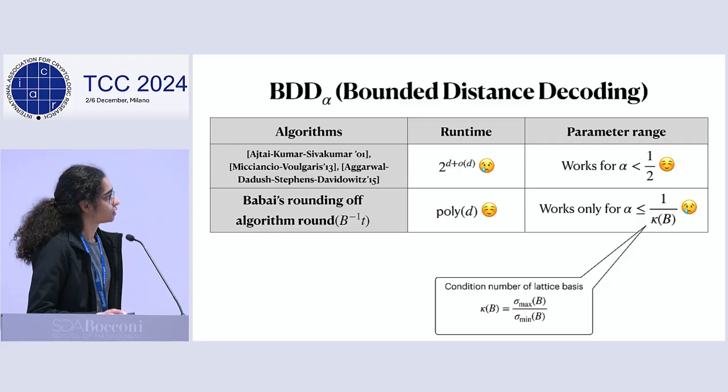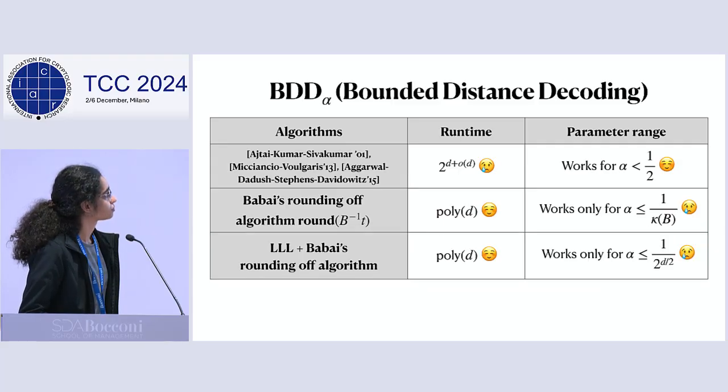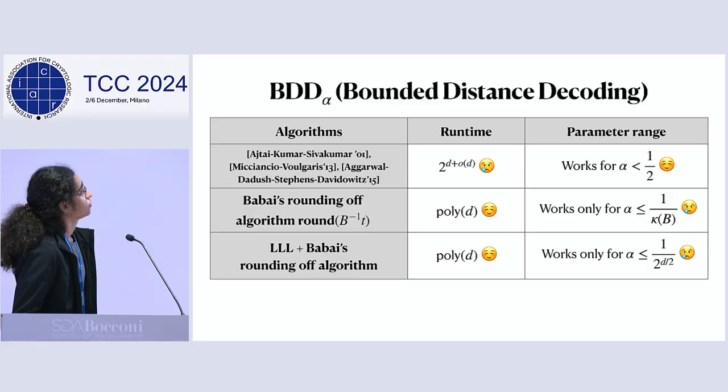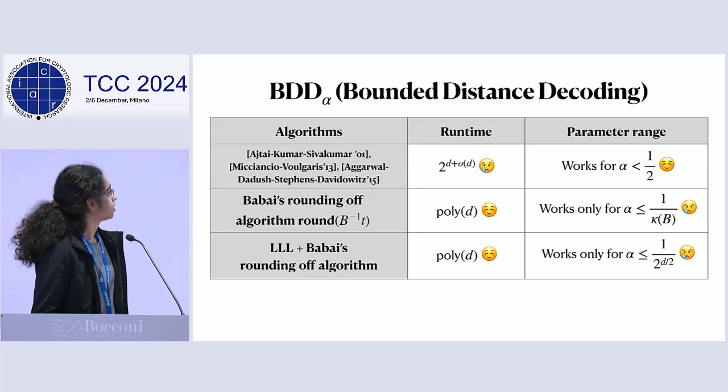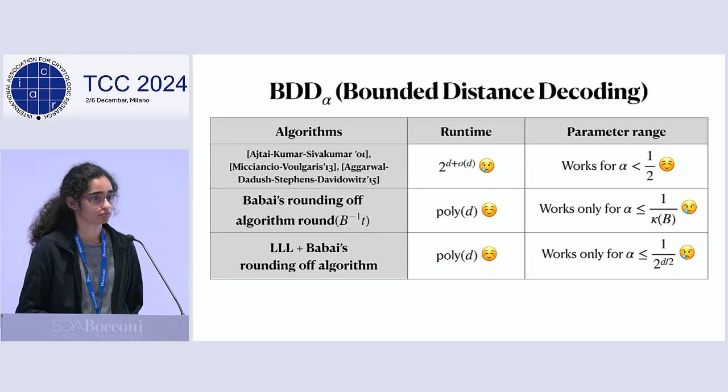And this is the ratio between the maximum singular value of B over the minimum singular value of B. One thing you could think of doing is first use LLL to improve the condition number of the basis, and then do Babai's rounding algorithm. But this would work only for very small alpha.